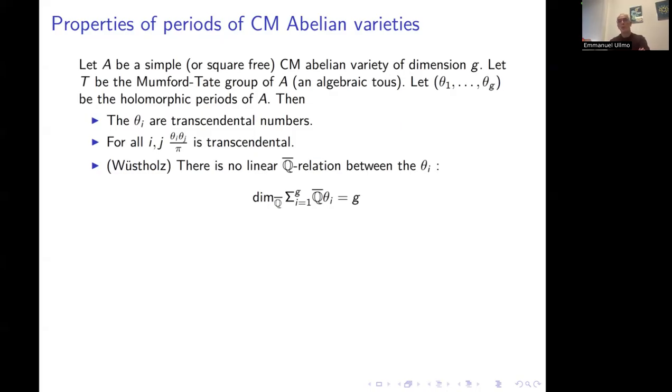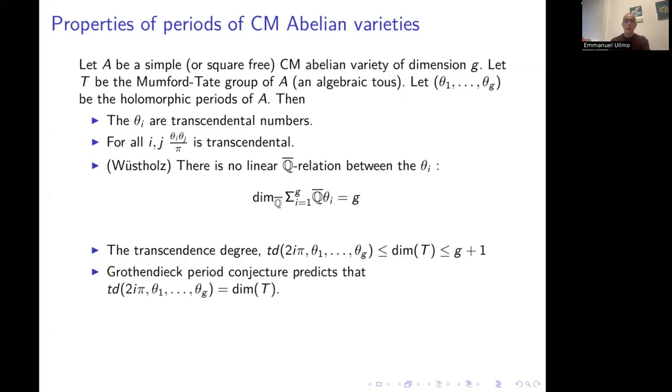If the Q-bar vector space generated by the theta i has the dimension of the abelian variety, then the transcendence degree of 2 i pi and the holomorphic periods is bounded by the dimension of the Mumford-Tate group, this algebraic torus, which is of dimension at most g plus 1. And Grothendieck's period conjecture predicts that this transcendence degree is the dimension of T.